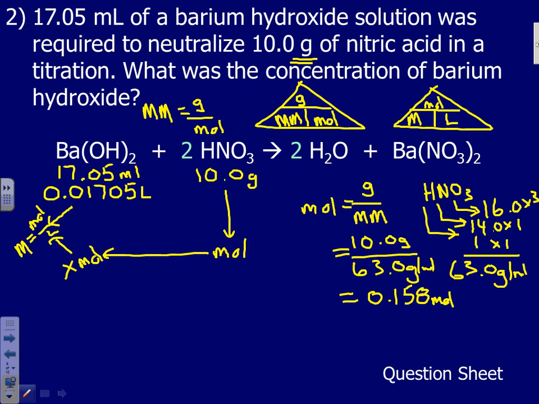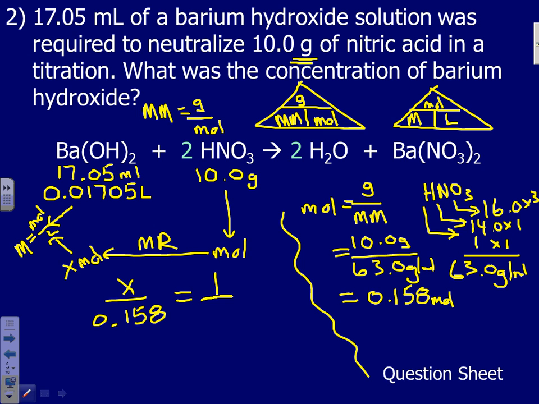So, again, we need our mole ratio. I'm going to put a squiggly line around that so I don't get it mixed up. So again, X over whatever I'm starting with, 0.158. X over that is 1 over 2 again, right?